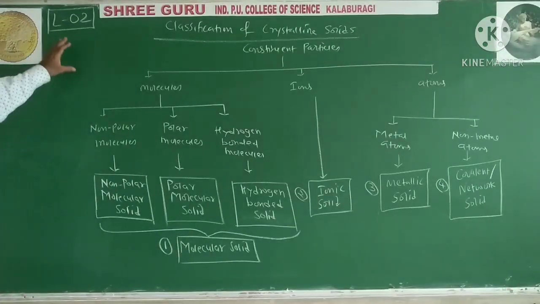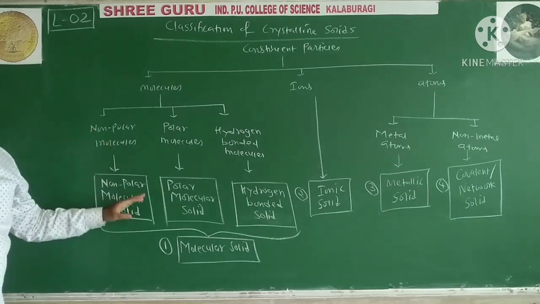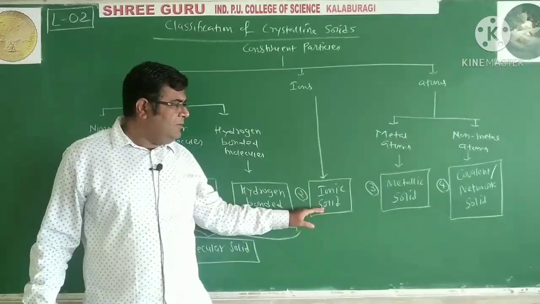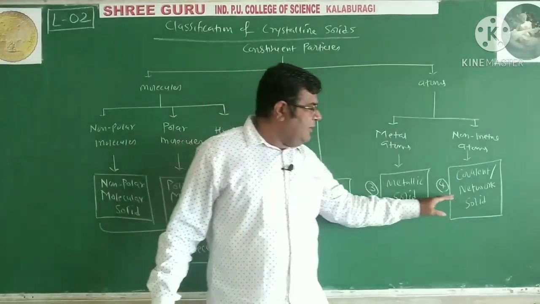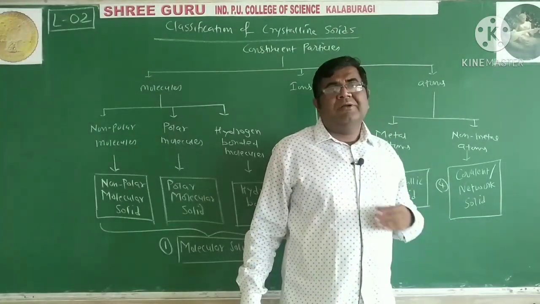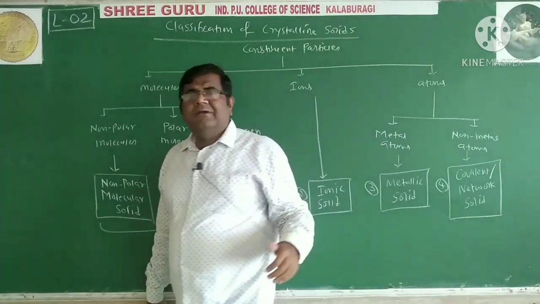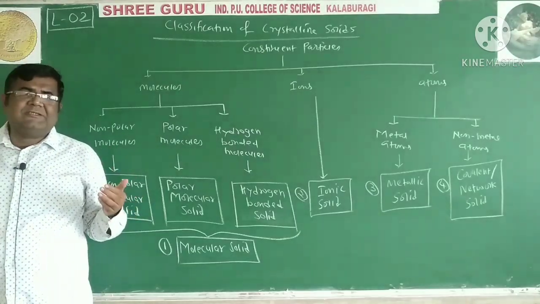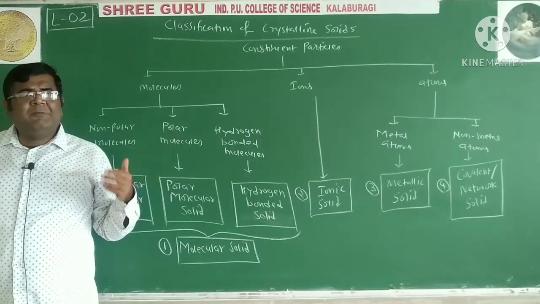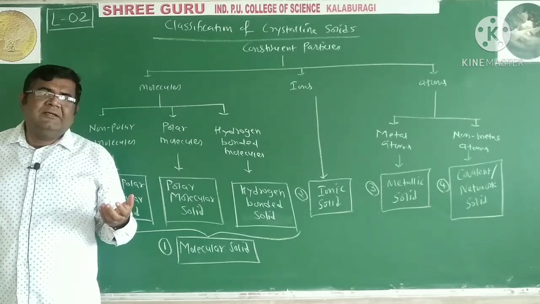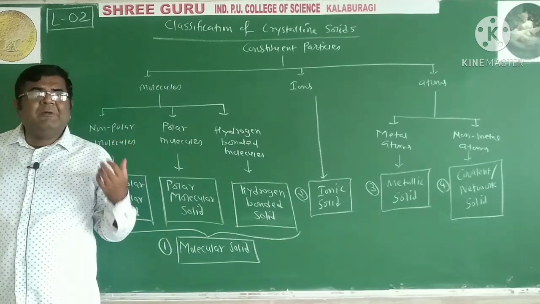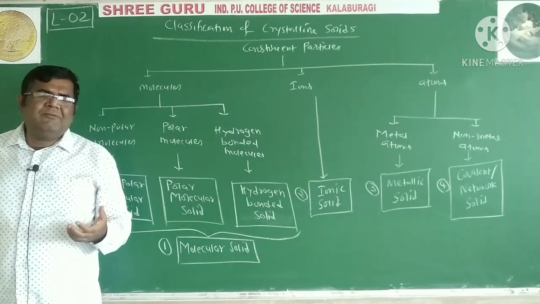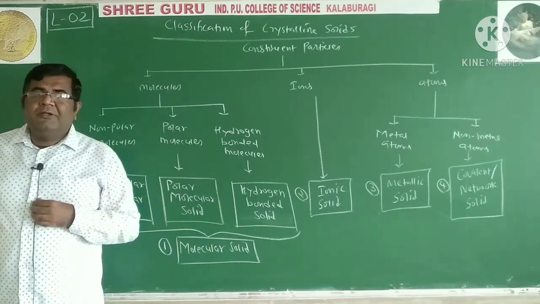So what are the types of crystalline solids? Molecular solids, ionic solids, metallic solids, and covalent or network solids. Why do we have these four different types of crystalline solids? Because the solids are made up of different constituents, and depending on the particles by which they are made up, we have these four types of solids.